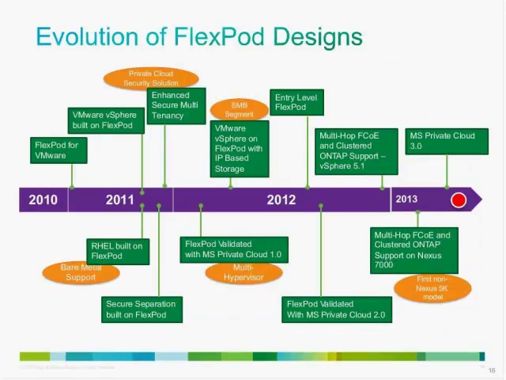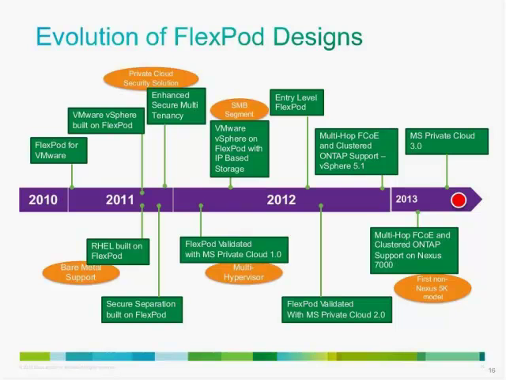This leads us into the evolution of the Flexpod designs. As I mentioned, somewhere around the 2009, 2010 timeframe, the idea for a Flexpod was conceived. The first Flexpod, and I'll cover these designs in detail as we go along, was developed for VMware.